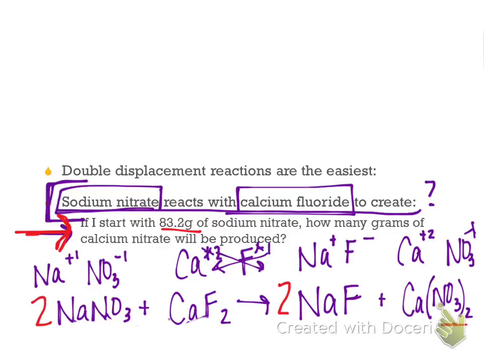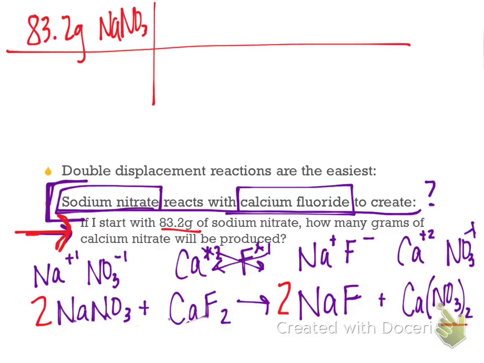When we start doing our stoichiometry, what do we always start with? What we know. 83.2 grams of sodium nitrate, NaNO3. Okay, so I want to go grams of sodium nitrate to moles of sodium nitrate.